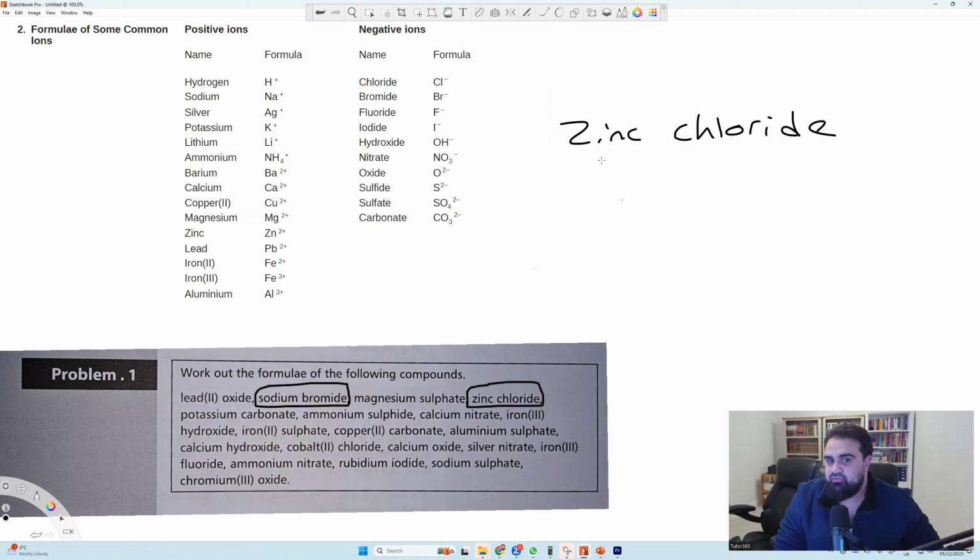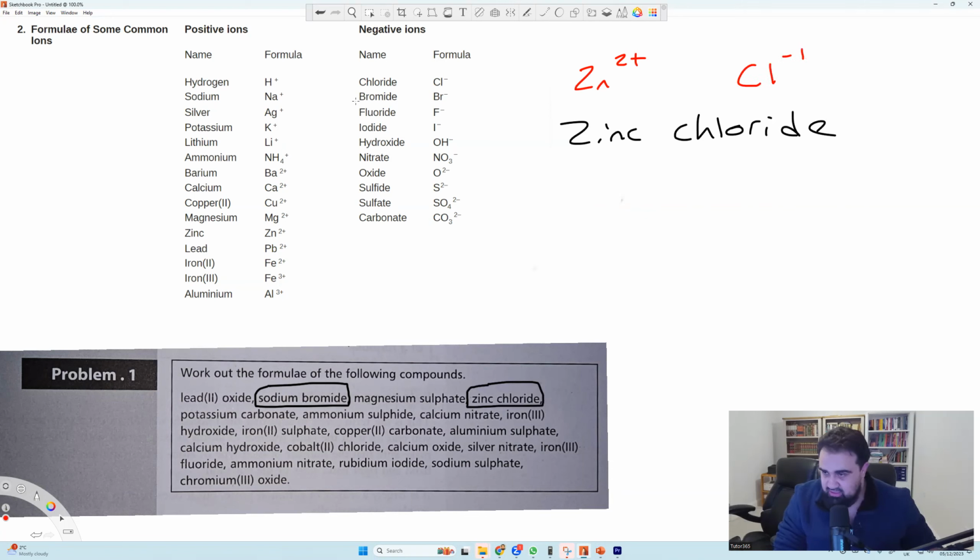So you'd have to do it in steps. First of all, you'd have to find out what charge zinc makes. Zinc makes a +2 charge. Well done. So we have zinc +2. What about chlorine or chloride? Chloride makes a -1 charge.